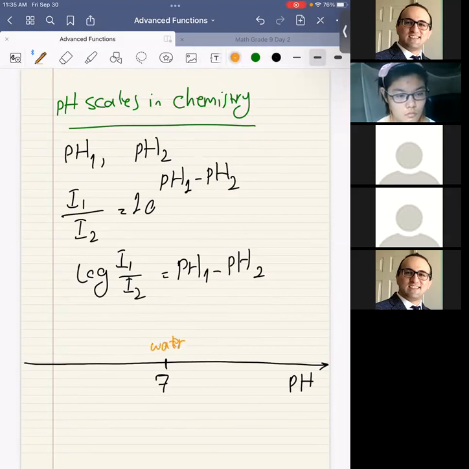And then if the pH increases, that means it's more alkaline. No, sorry, that's the opposite: if the pH decreases, you get more acidity.